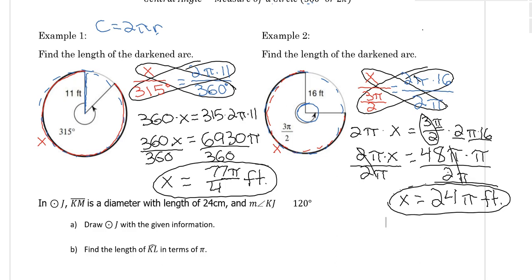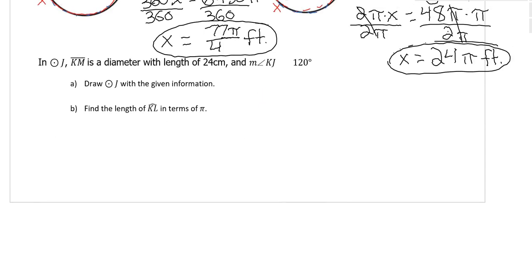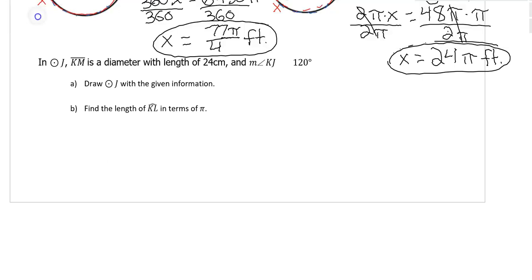All right, let's look at the last example. In circle J, KM is a diameter with length of 24 centimeters, and the measure of angle KJL, that should be KJL, is 120 degrees. I don't know where my L went.